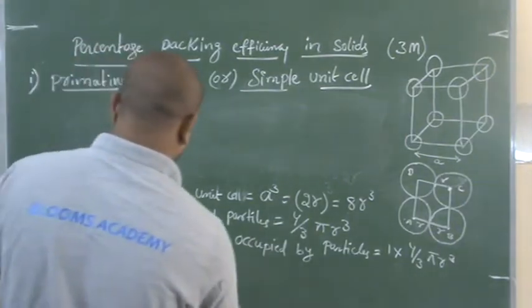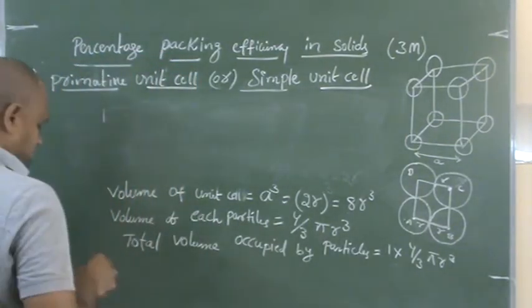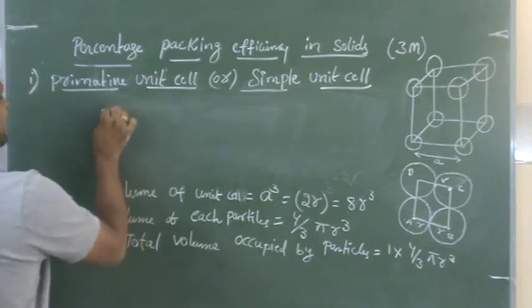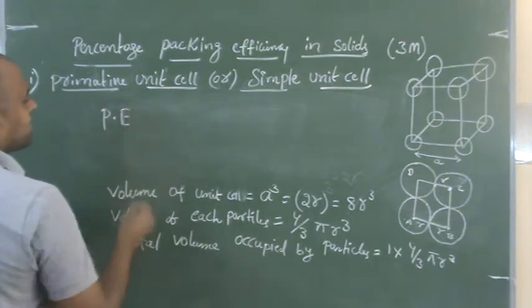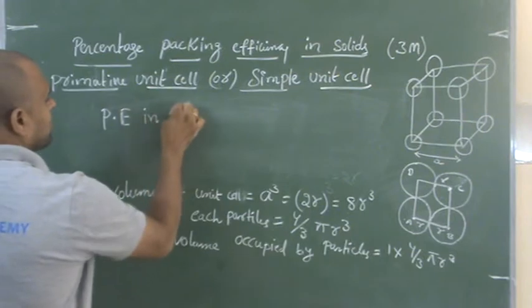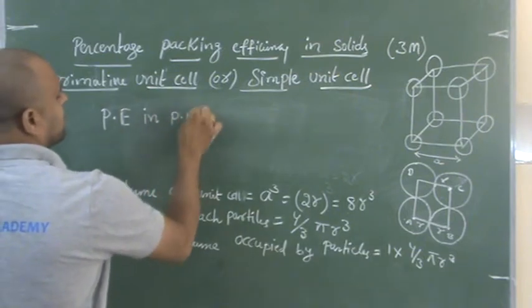So now you can see packing efficiency in primitive unit cell.